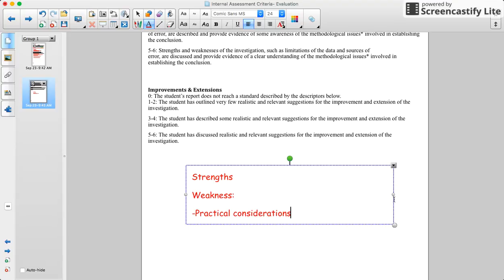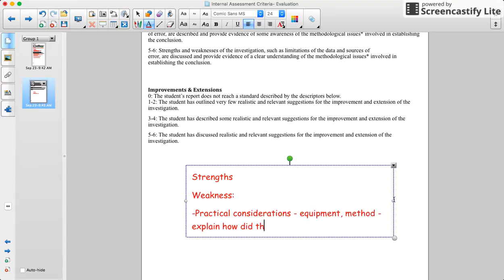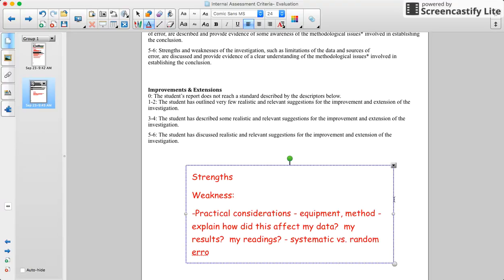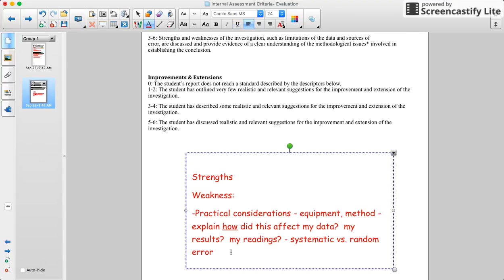And anytime you bring up a method or a piece of equipment, you should try to explain, how did this affect my data, my results, my readings? Did it make the values higher than what they should have been, lower than they should have been? Did it make them vary? So thinking about the idea of systematic versus random error here, but actually thinking about how did they affect my data. I think that's something that people often overlook.